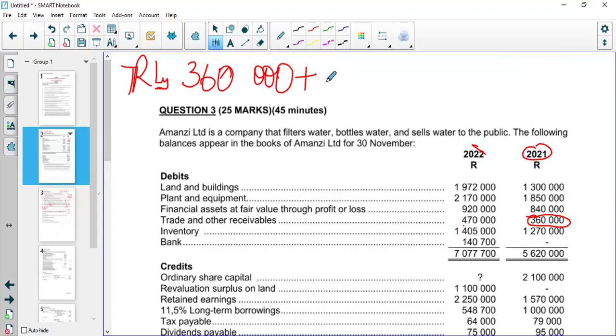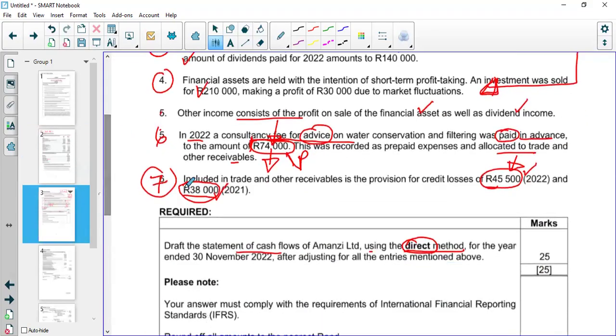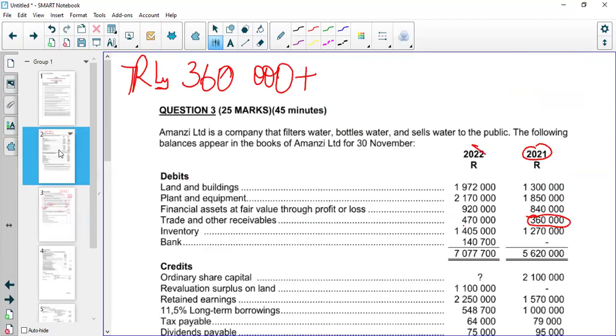Remember, we add that 38,000 from last year because it was excluded. Being included means being excluded, right? Because if you include allowance, it means you subtract the allowance. So we have to add it back. So we add back 38,000. So this is the amount coming from last year, which we didn't receive.